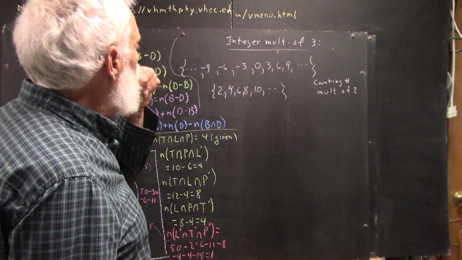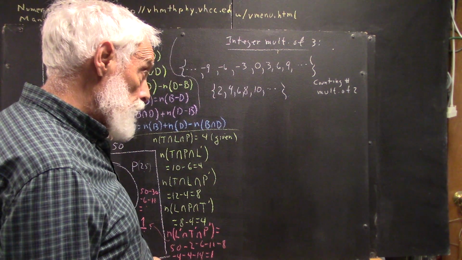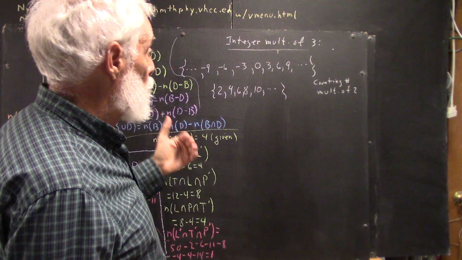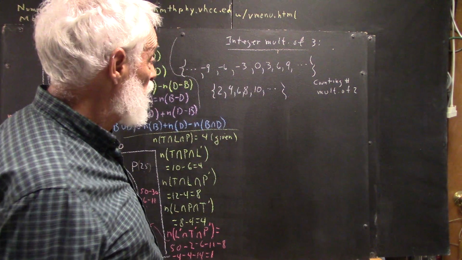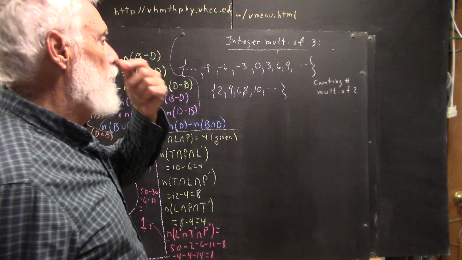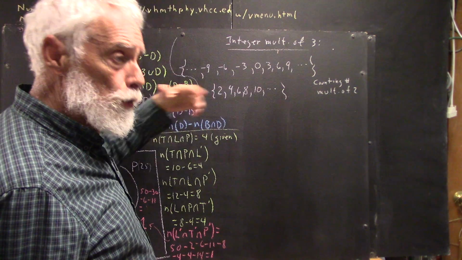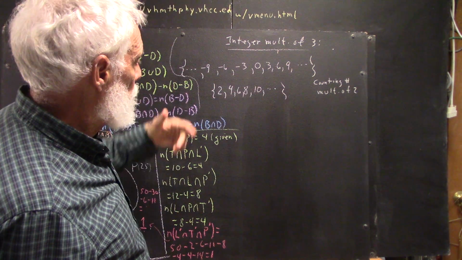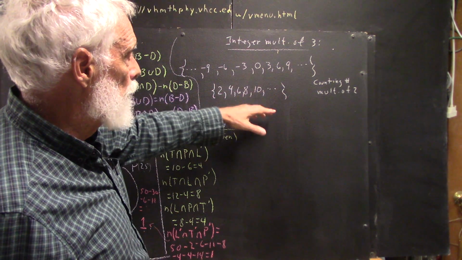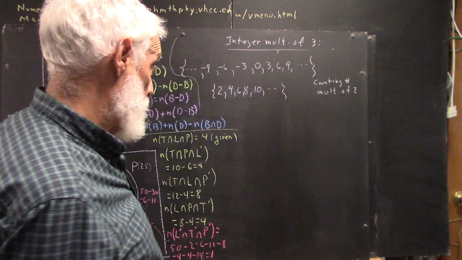But okay, now the question is, can we create what's called a one-to-one correspondence of these two sets? A rule that matches every number of each set with some number in the other.